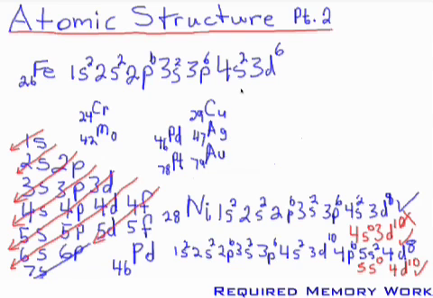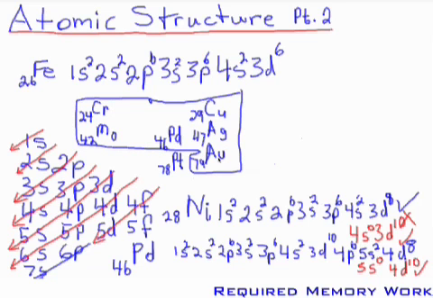Remember, all these elements add one electron to the d, or 2 electrons. These give you filled d. This one gives you half-filled d. And platinum is the oddball out, promoting only 1 electron and not getting either filled or half-filled.